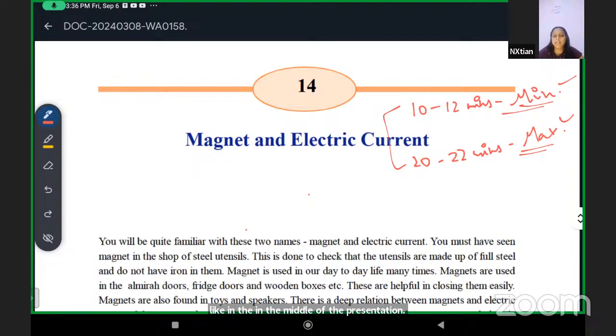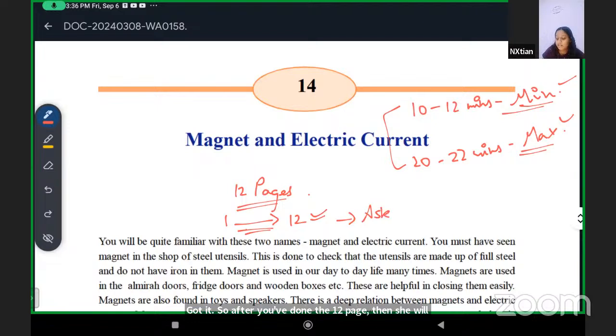No, ma'am. That is why we have kept it that, suppose your presentation is 12 pages. You started with the first page and finished with the 12th page. Suppose Anaya has a question for you. After you've done with the 12th page, she will ask the question and you can answer.